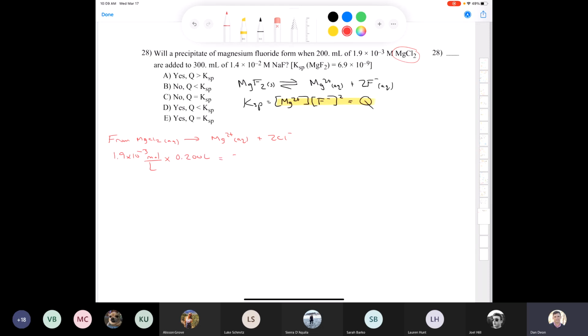That means that I have 3.8 times 10 to the negative 4 moles of magnesium chloride. Since the ratio is 1 to 1 for my magnesium chloride to my magnesium, that means that I also have 3.8 times 10 to the negative 4 moles of magnesium 2 plus.